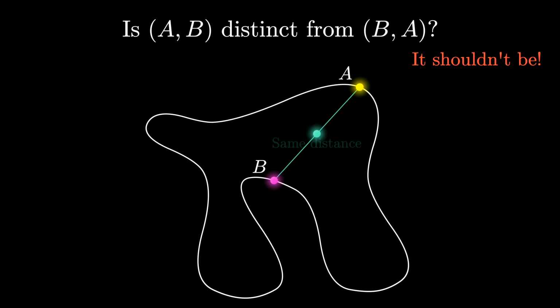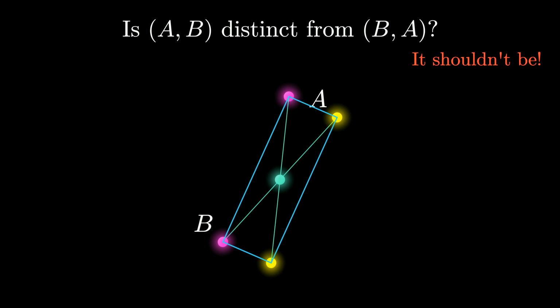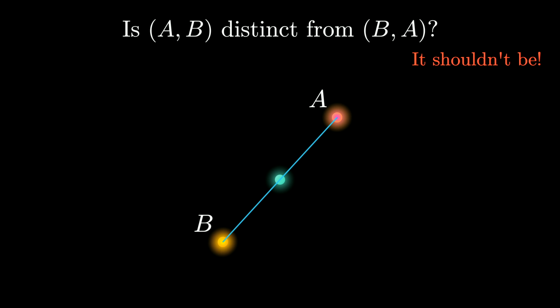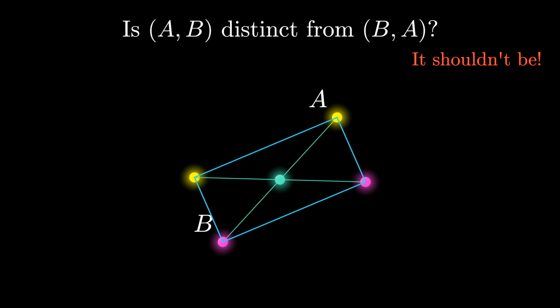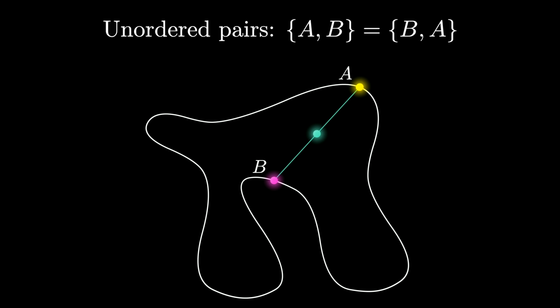But this is like saying that you can always find an inscribed rectangle as long as you're okay with an infinitely thin rectangle. Clearly what we want is to prove that there are non-trivial rectangles, and for that you need to think of the pair of points as being unordered, in the sense that a, b and b, a should really refer to the same thing.